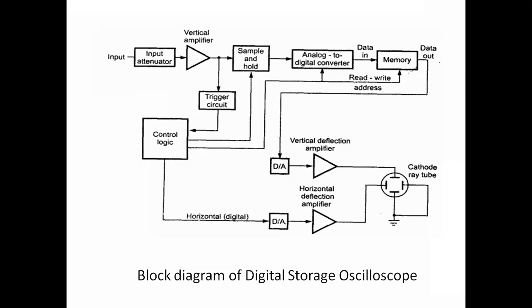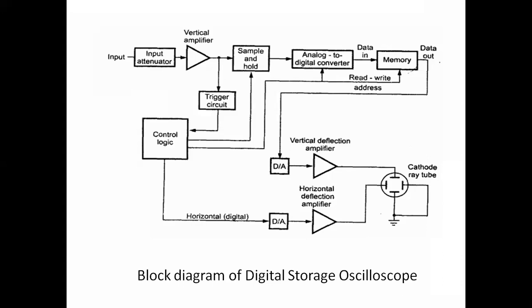The main purpose is that whatever input signal is applied to the CRO should be converted into digital form and stored in the memory, because this is a digital storage oscilloscope. So the storage of the data is in digital form, and that's why we require some memory devices.